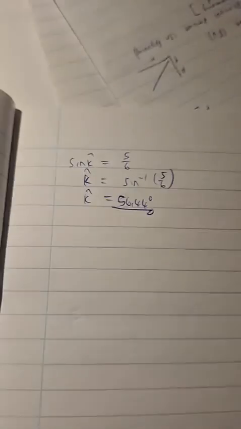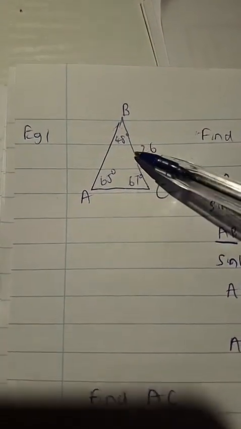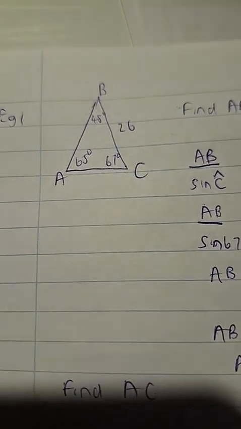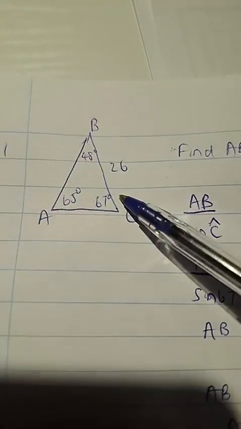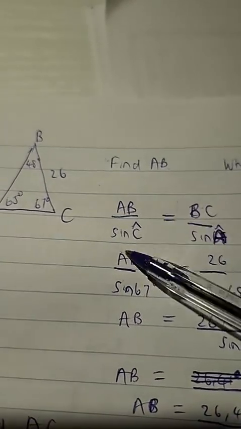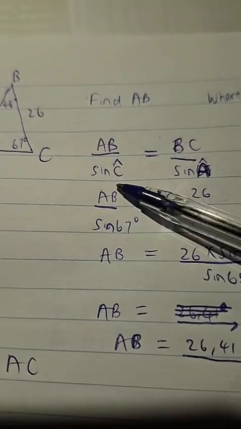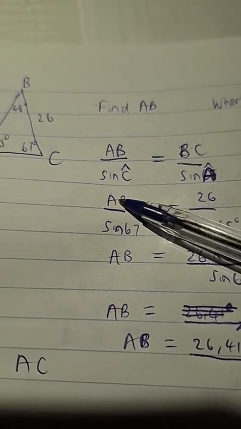56,44 degrees. And that's that. Okay, right. So what I've just done here is I've done questions on the sine rule, and I've looked at both scenarios. The scenario where I'm being asked to find a side that is not known to me, but the side does have an angle, which means my first fraction will have at least a piece of information so that I can find the unknown.